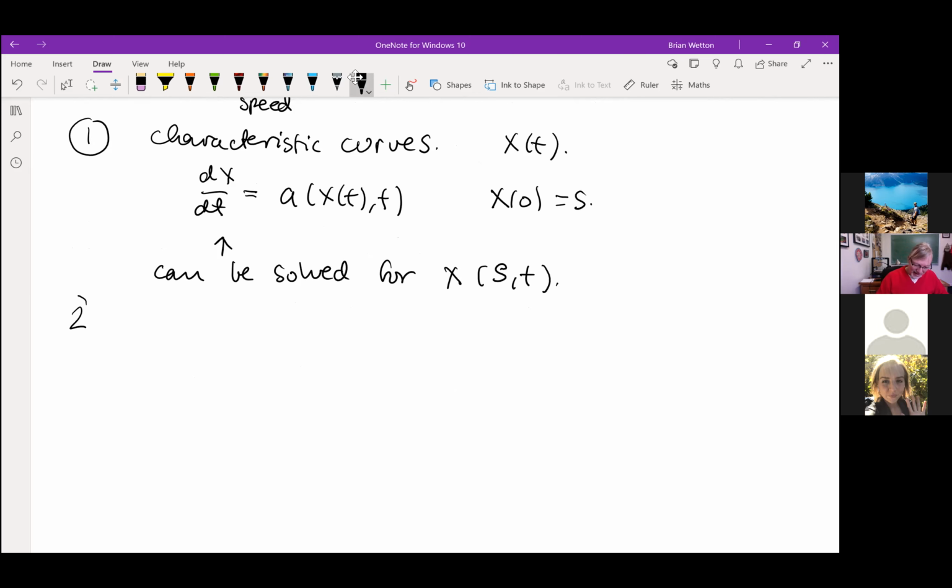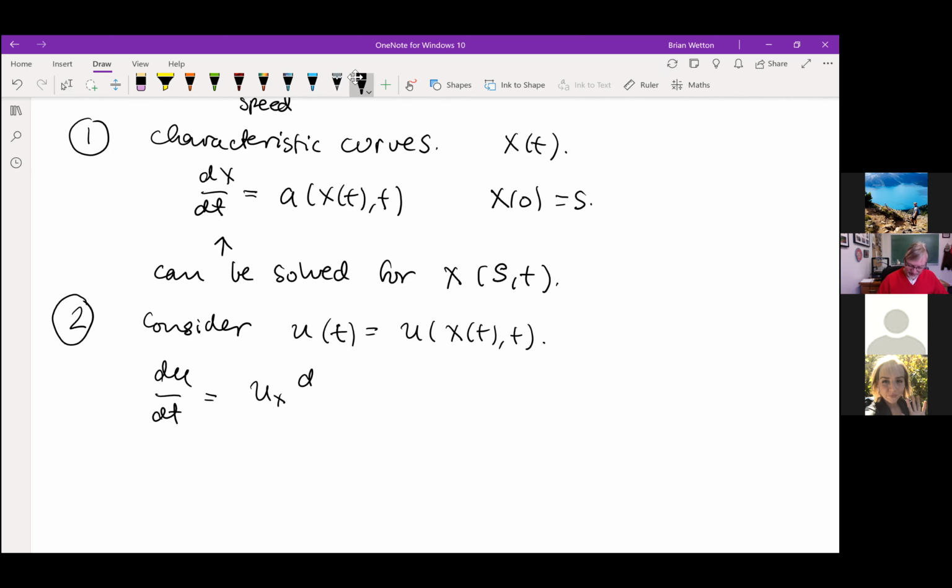Now I'm going to do the same algebra I did before. I'm going to consider the solution on those characteristic curves. And I'm going to get du/dt. That's u_x dx/dt plus the partial derivative with t, that's u_t plus, this I've already solved so that this is a.